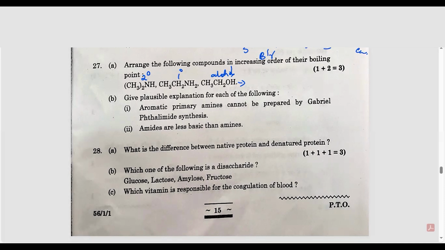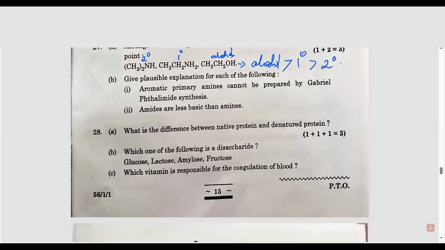In the case of amines, the boiling points will be in the order primary greater than secondary, then tertiary is very low because of the lack of hydrogen on the nitrogen. So alcohol will be greater than primary, then secondary.